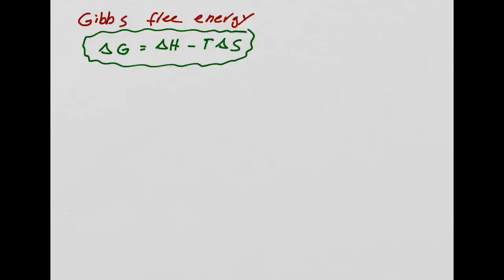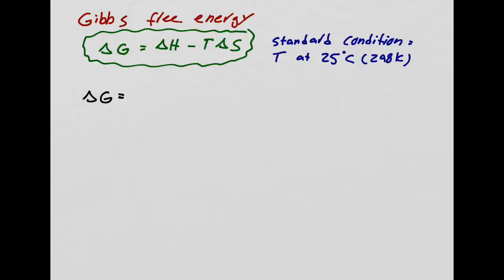And don't forget, at a standard condition, I'm going to write this down, the temperature is going to be 25 degrees Celsius or 298 Kelvin. Don't forget that. Now, let's plug in those numbers from before to figure out delta G.